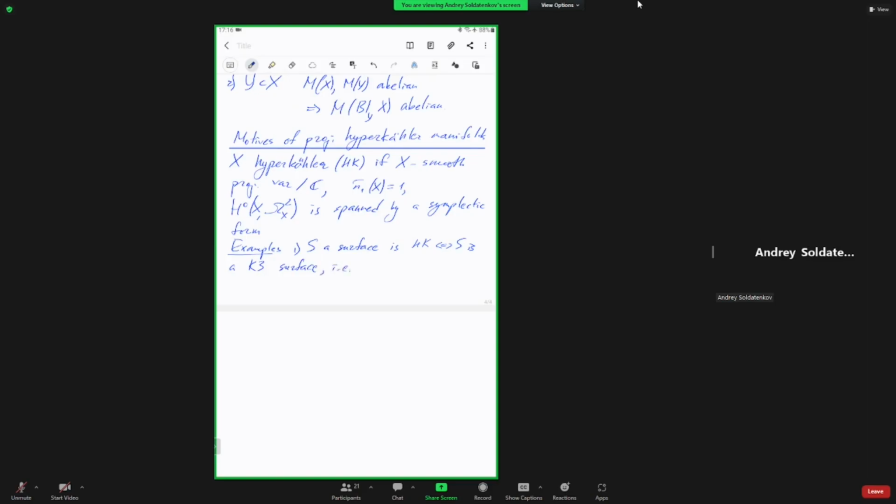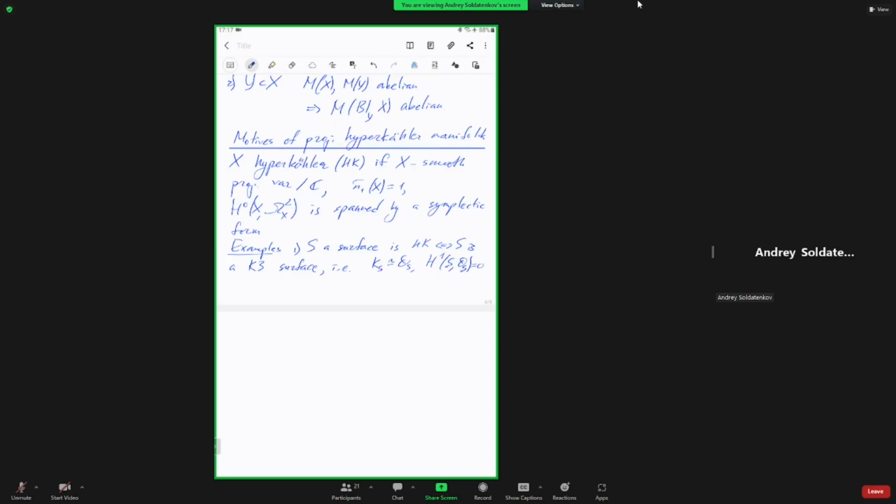I recall what it is. This means that the canonical bundle of S is trivial, and it has no holomorphic one form, so no homology of the structure sheaf in degree 1. So that's a K3 surface.